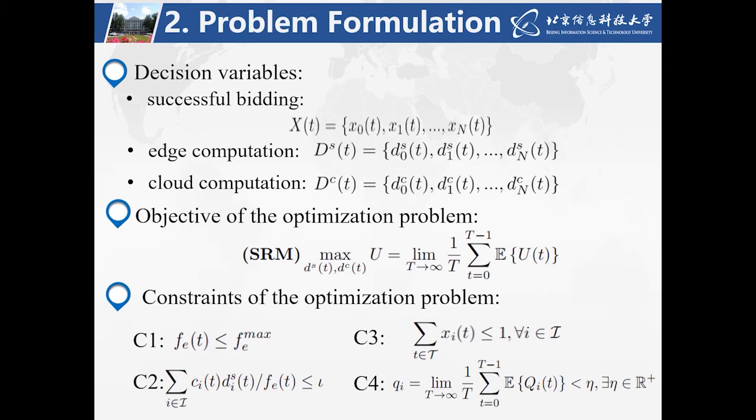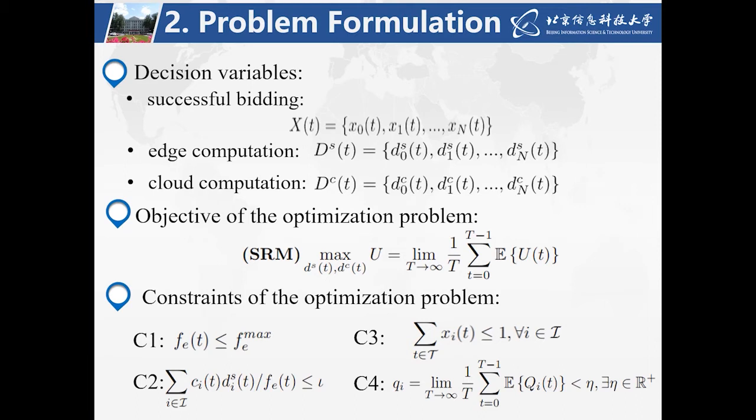In our proposed optimization problem, the design variables to be solved are successful bidding, edge computing, and cloud computation. So the objective of our optimization problem is to maximize the time average system revenue.